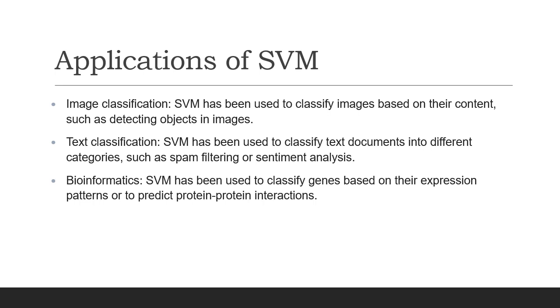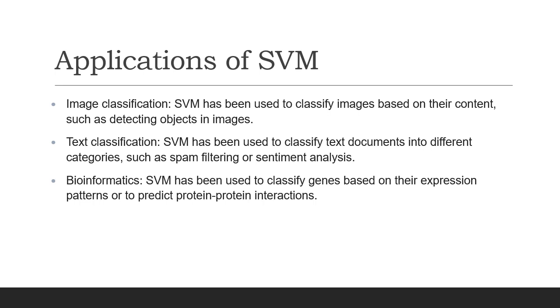Now, the applications of SVM. The main applications of SVM are image classification, text classification, and bioinformatics, which we learned in the first topic, introduction. Image classification: SVM has been used to classify images based on their content, like detecting objects in an image.